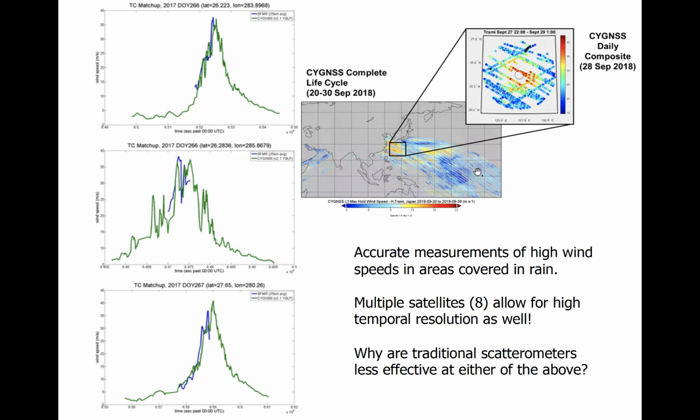The panel on the right shows several passes through a West Pacific typhoon over a 3-hour-long period in this black box, and zoomed in up here to the top right. Strong winds can be seen at the center of the tropical cyclone, which is difficult for traditional scatterometers to do effectively because their signal is at least partially attenuated by scattering by liquid water.